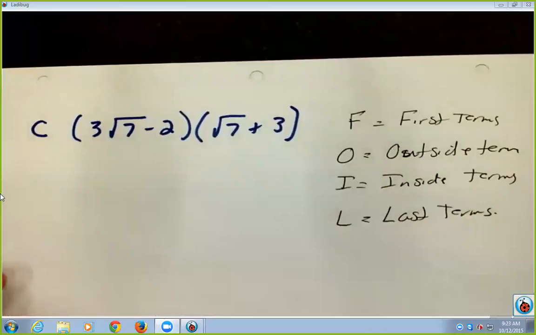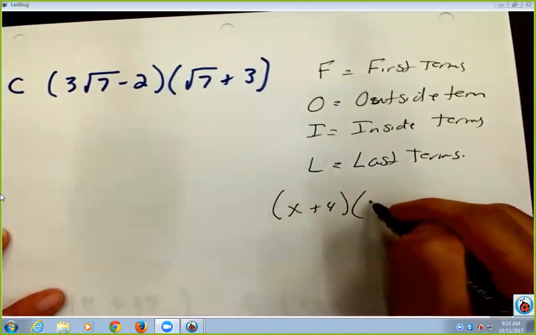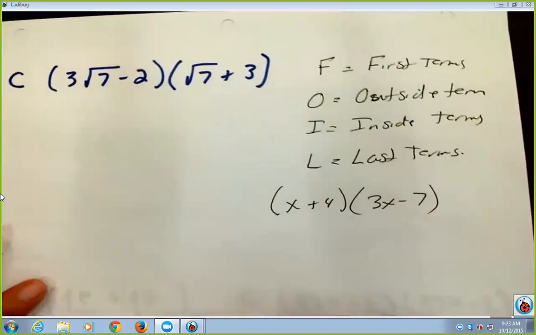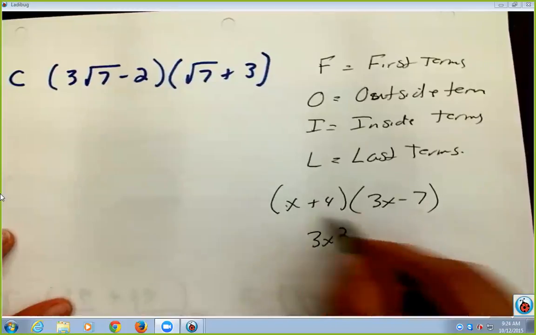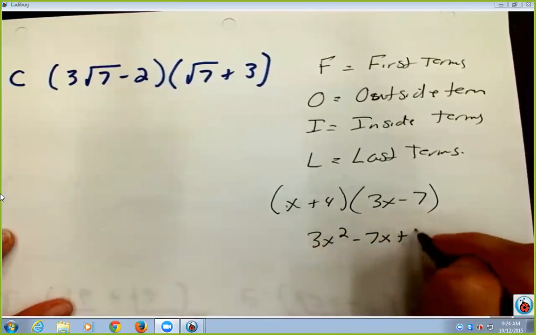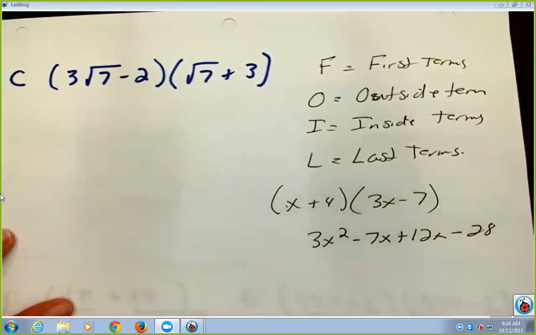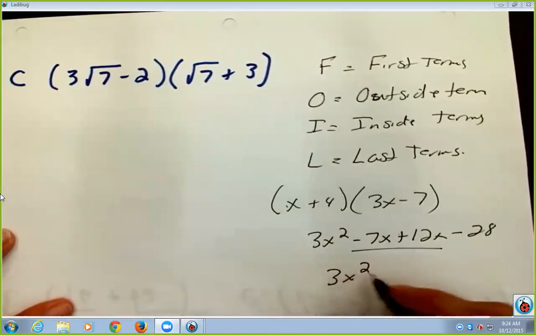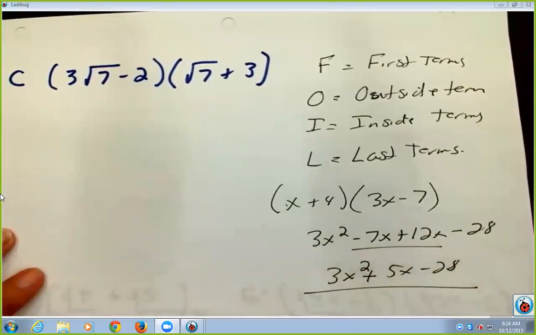And we do this, and you did this where you've had x plus 4 times 3x minus 7. And you did x times 3x is 3x squared. X times a negative 7 is negative 7x. 4 times 3x is 12x. And 4 times a negative 7 is a negative 28. Then we take our middles and combine them and get 3x squared plus 5x minus 28, and that becomes our answer.